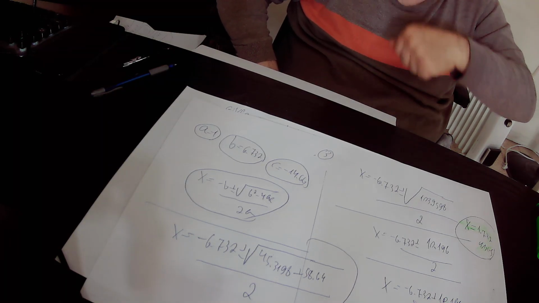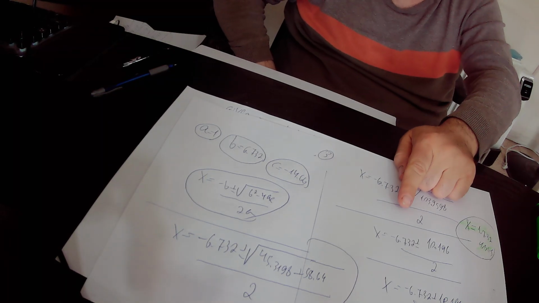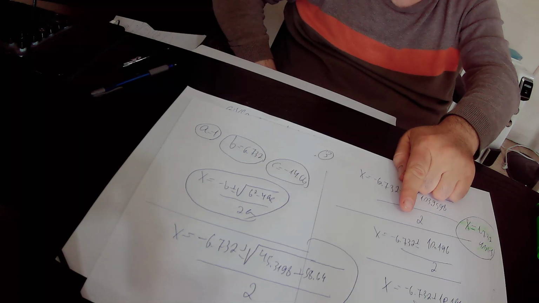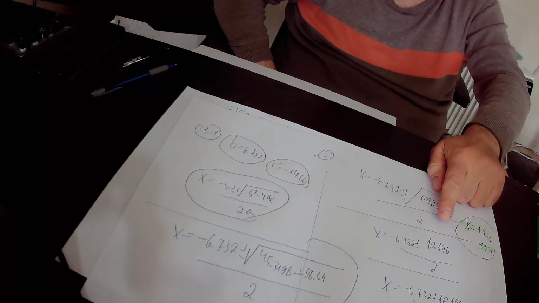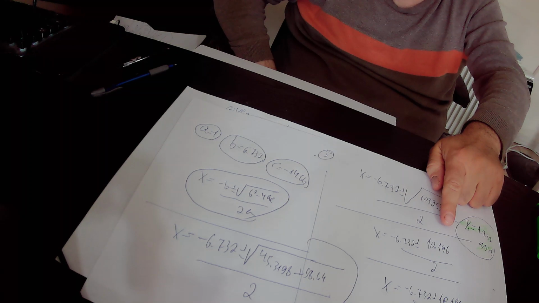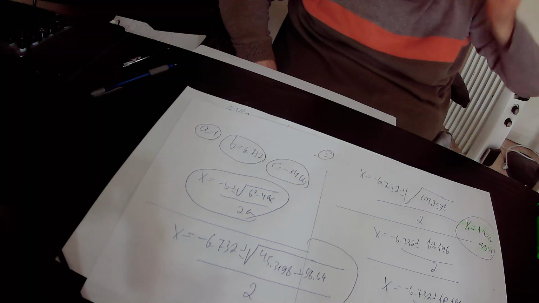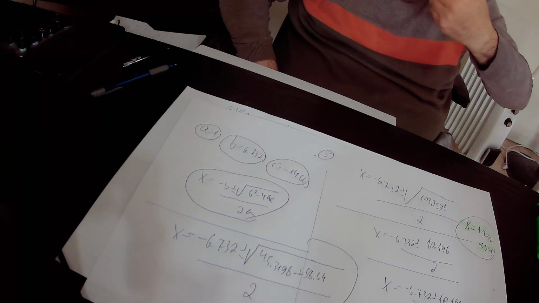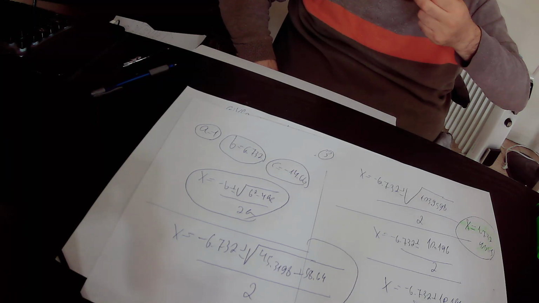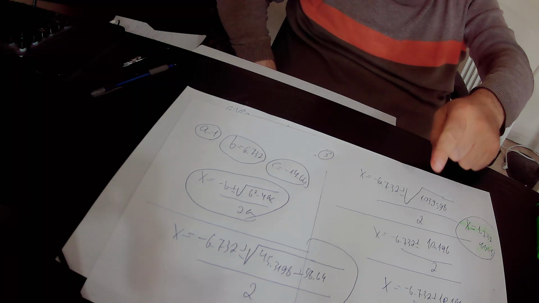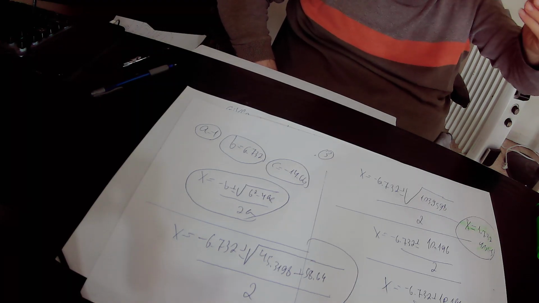The first solution is the negative solution. Why? Because x equals minus 6.732 minus 10.196, that is definitely a negative number, and because x is a radius, and a radius is a length, it must be positive. So we cancel the negative solution and we are left only with the positive solution.